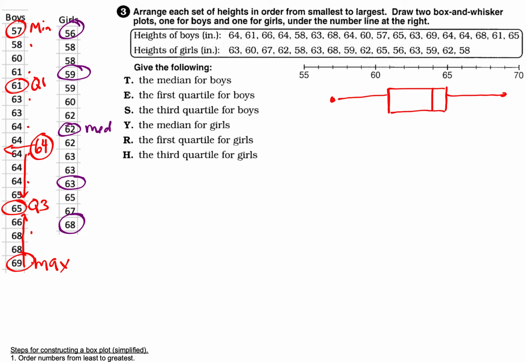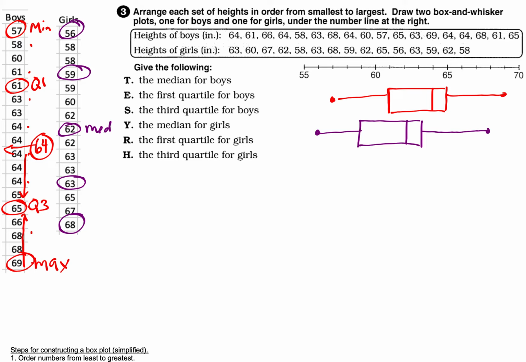Let's draw the box and whisker plot for female students. Their minimum is 56, first quartile is 59, second quartile is 62, third quartile is 63, and maximum is 68. Draw your whiskers, draw your box, and there's the box and whisker plot for girls.